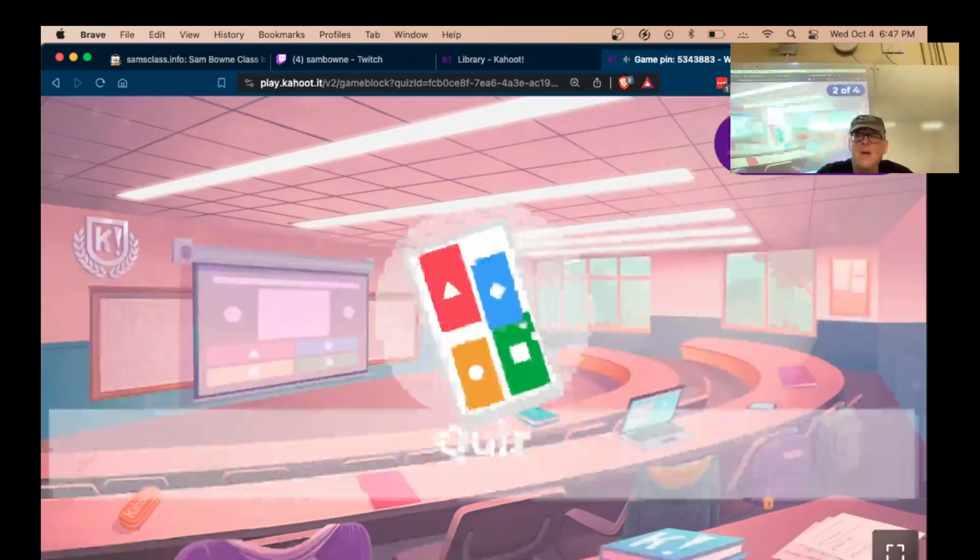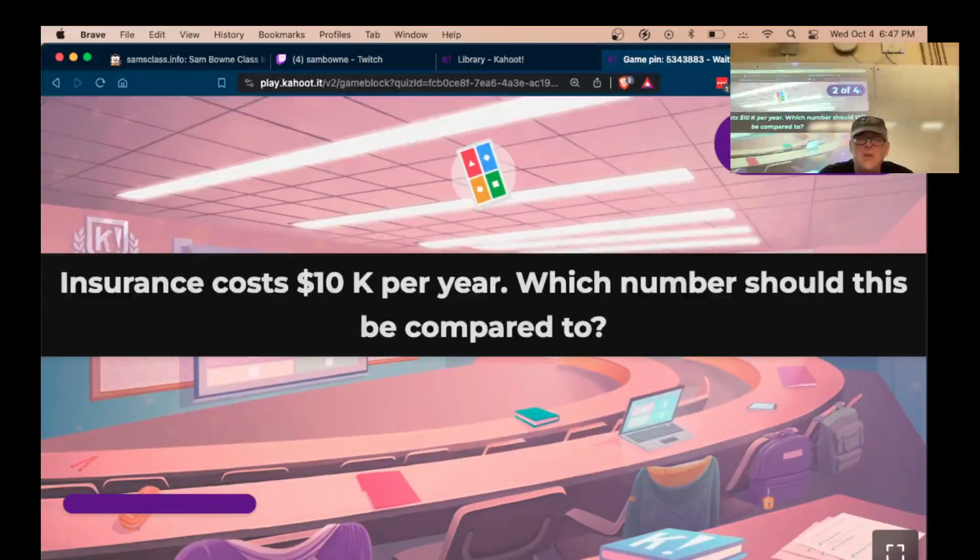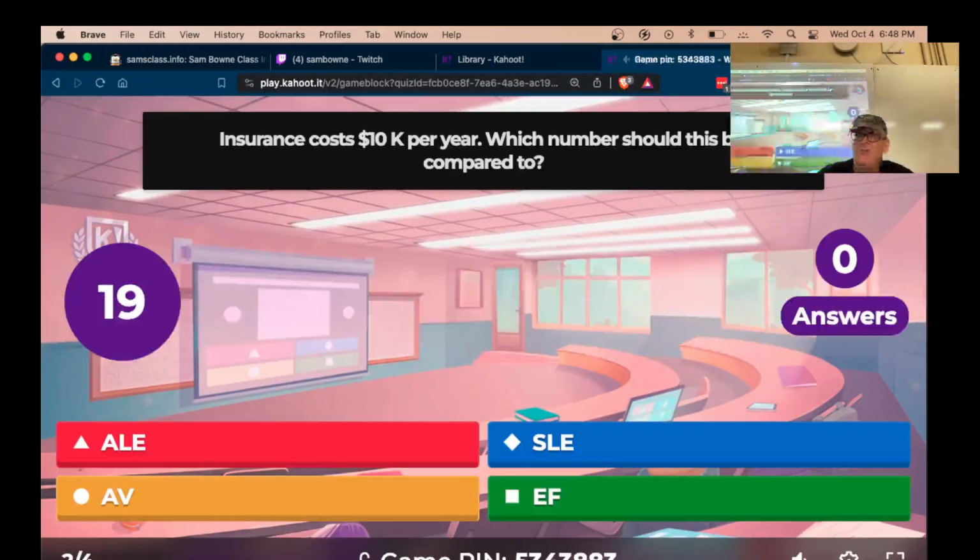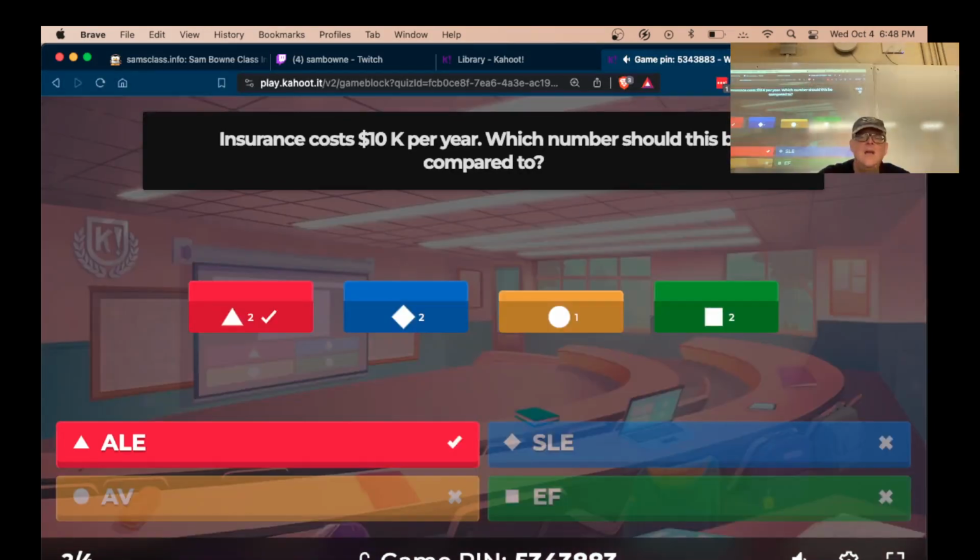Oh, all right. So insurance costs $10,000 a year. What number should you compare that to when deciding whether to get the insurance? You compare it to the annualized loss expected.